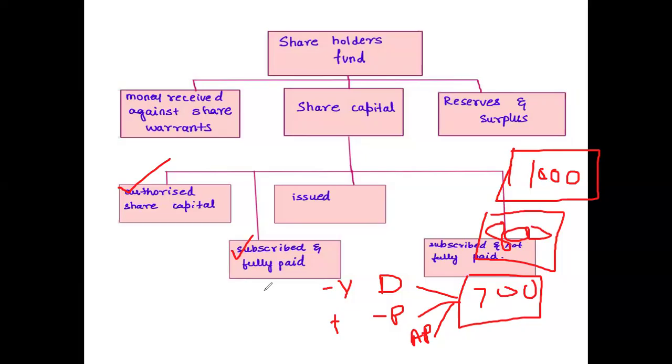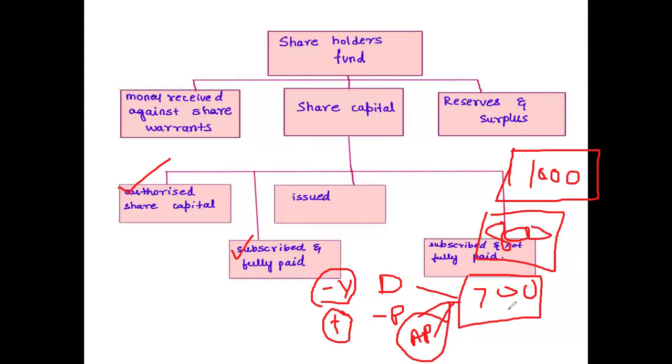But for the subscribed capital, when the people are paying me back, they can either pay me 700 or something more than 700. So if it is more than 700, it is issued at premium. If it is less than 700, it is issued at discount. And if it is exactly 700, it is called issued at par.